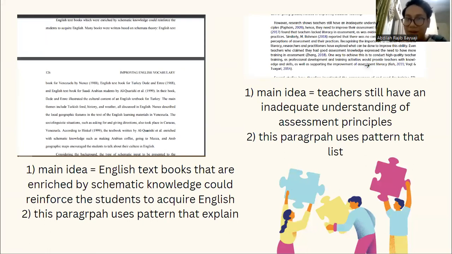And also there are many signal words that point to the list pattern, like, for example, recognizing the importance, similarity, and one way to achieve. And this paragraph from the second article functions as a literature review because it states other references from other journals or other articles.